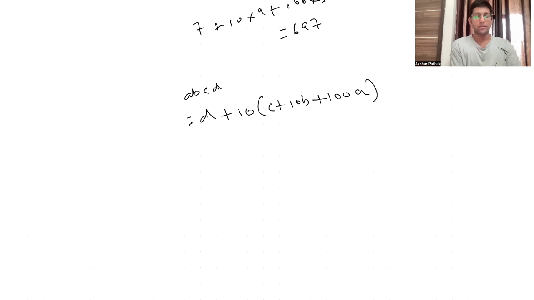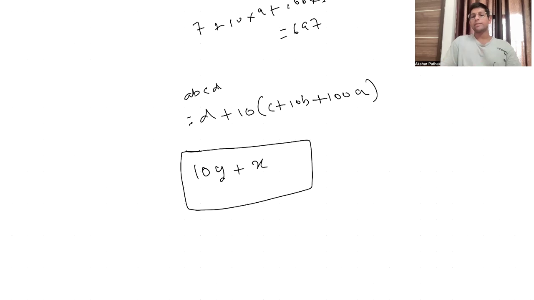Let's say I'm talking about a number 10y plus x. Now I want to check if it's divisible by 7 or not. Whenever we tried to prove the divisibility of 3, 9, or 2, you know what the prime thing was that we were trying to do?